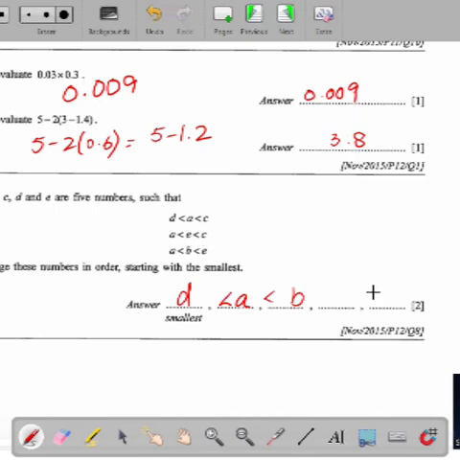C is greater than E. C is greater than E over there. So I am removing it from B here. Wait a second over there.